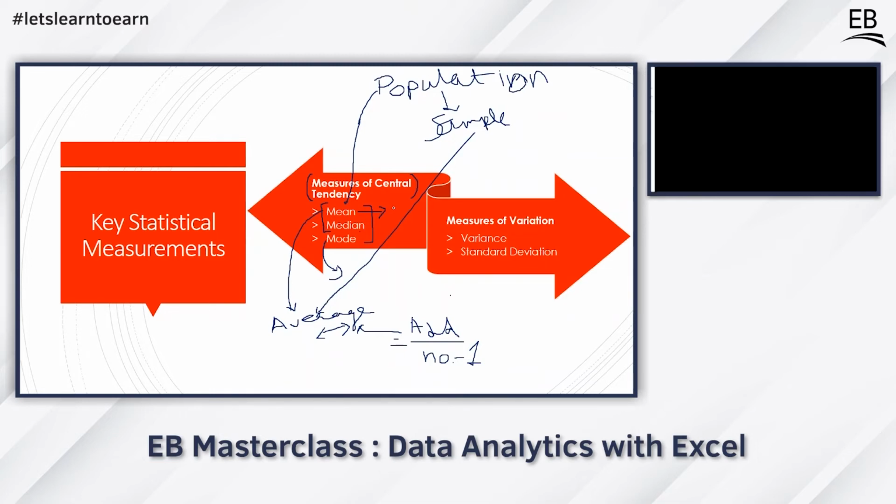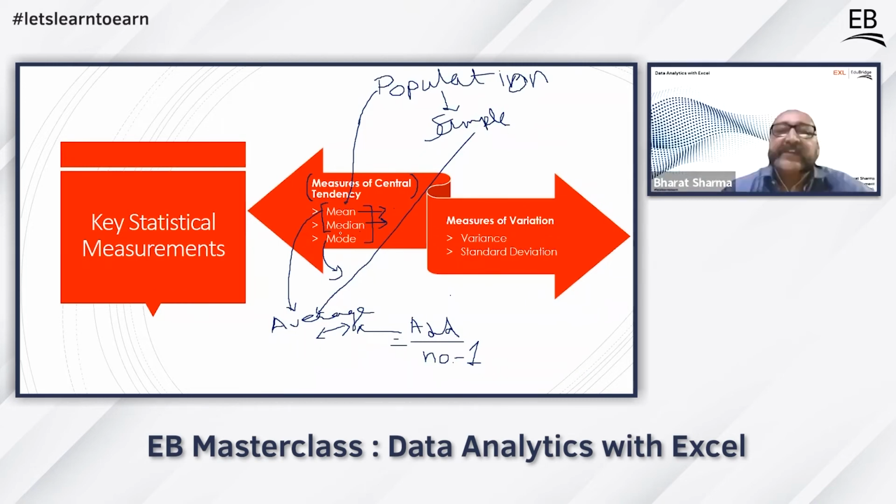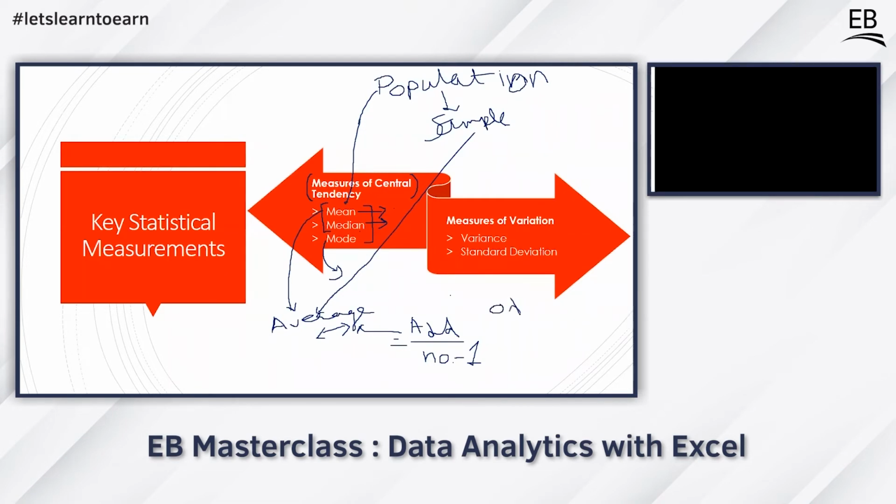What is median? The middle value, the average of the middle value when you arrange the data in ascending or descending order. If your data has an odd number of values, then it is the middle point.